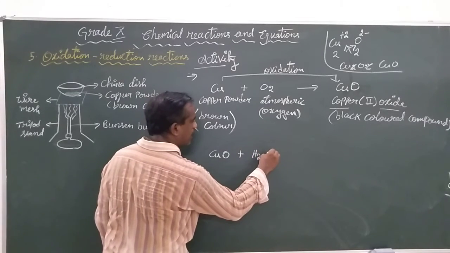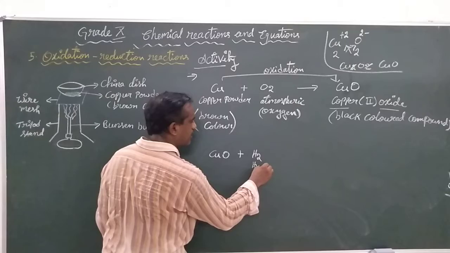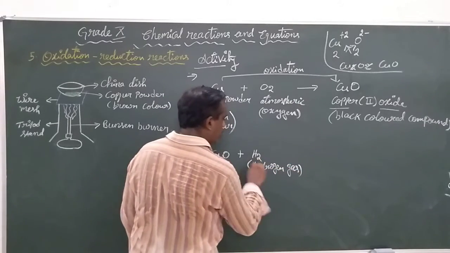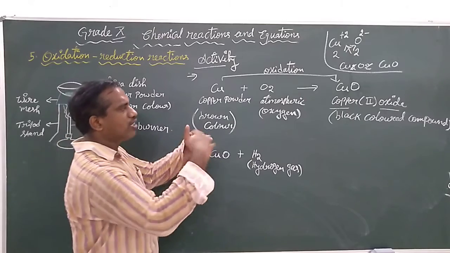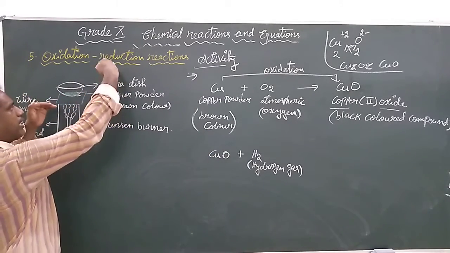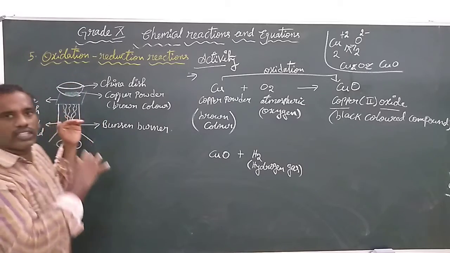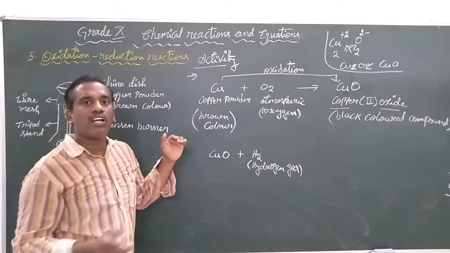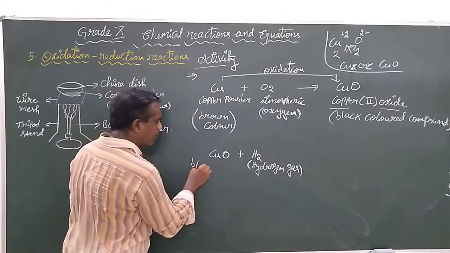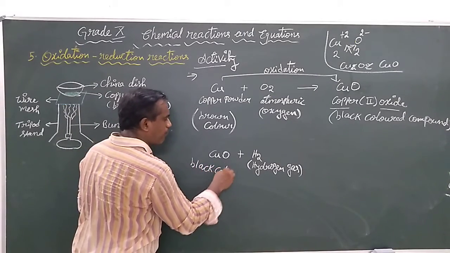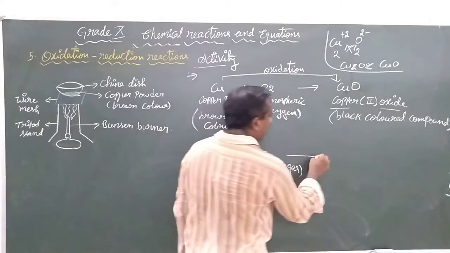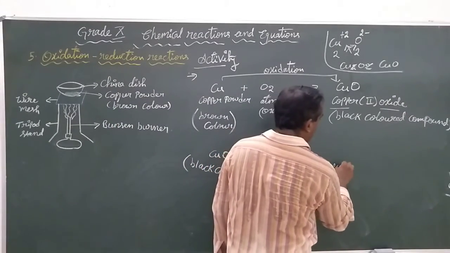We are passing the hydrogen gas over CuO. On the china dish, which is having a black colored compound, we are passing the hydrogen gas. Then what will happen? This black colored compound that was formed in the first step again changes to a brown colored compound.